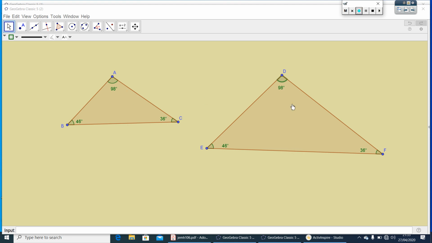Therefore, the two triangles will be similar. That means for similarity of two triangles, minimum two angles of one triangle must be equal to two angles of the other triangle. This criterion we can say is the AA similarity criterion.